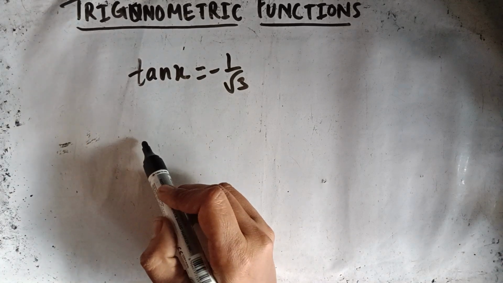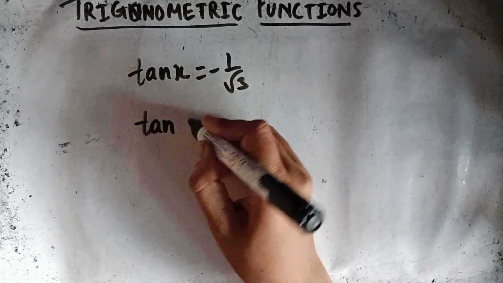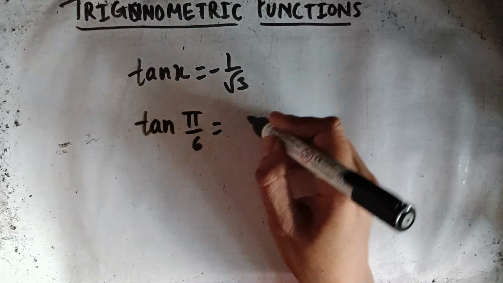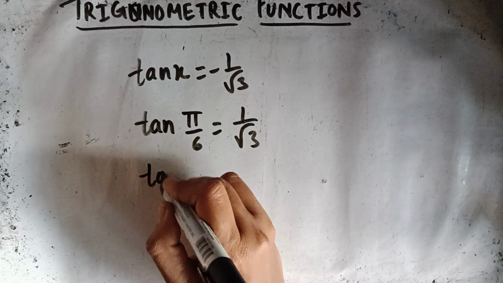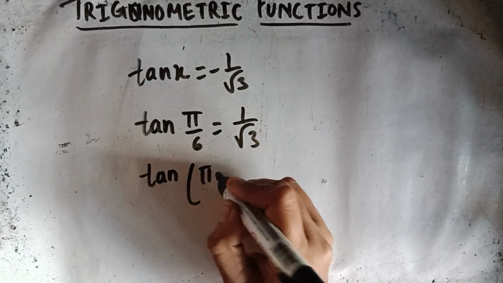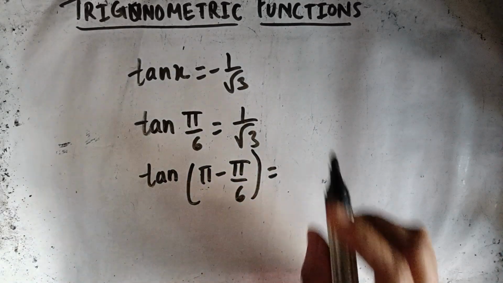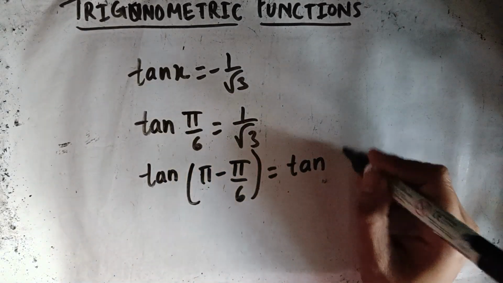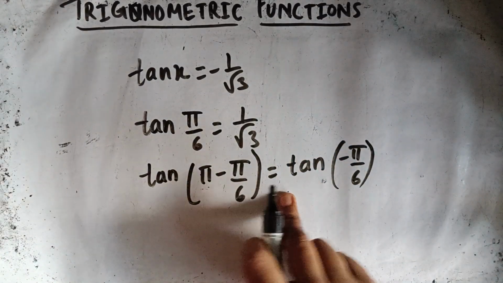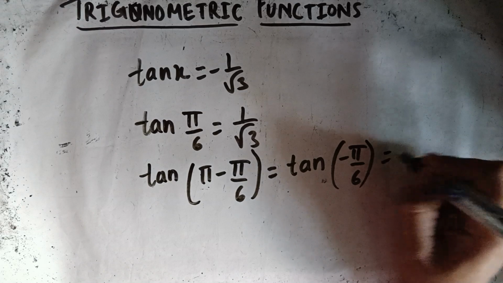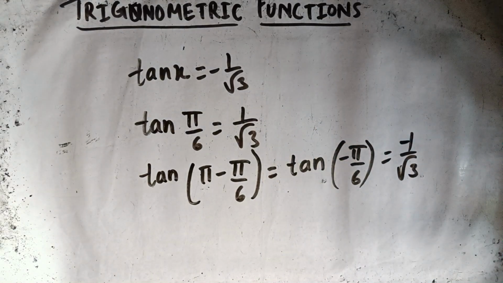So tan of pi by 6 is 1 upon root 3. But we want minus. So we can write this as tan of pi minus pi by 6. So this pi is 0, so we can write this as tan of minus pi by 6. And tan of minus pi by 6 is minus tan of pi by 6, which is minus 1 upon root 3.